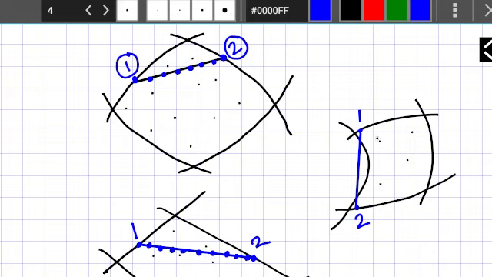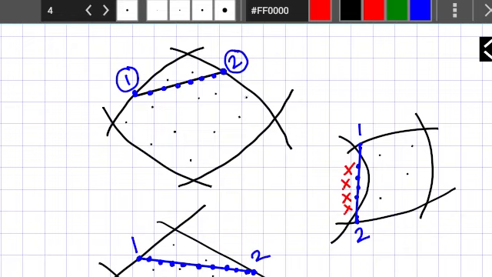But here, the points on this segment and on this segment are in the region, but these other points are not in the region; they are outside of it. This kind of region is called a convex region, or a convex set of points. All these points in this region form a convex set.